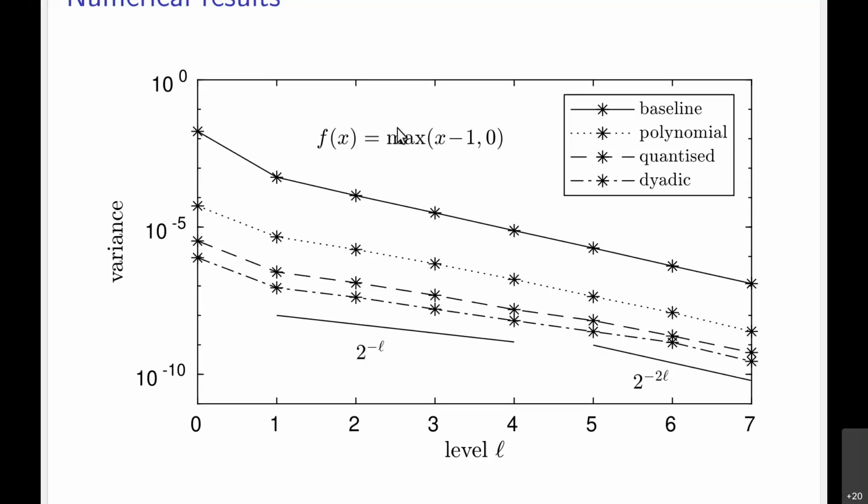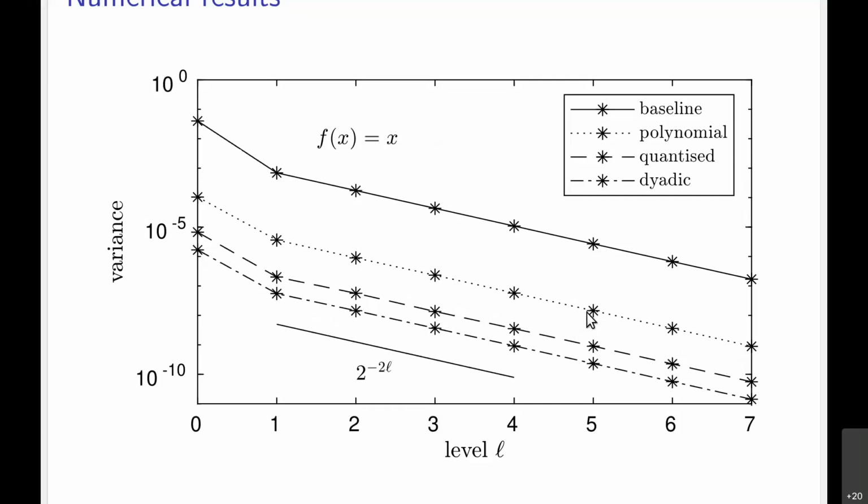This is what happens when the payoff function is continuous piecewise linear. So this is a classic call option. And here you can see a slight break in the slope, that it comes down initially roughly at 2 to the minus L, and then it steepens up towards the end.